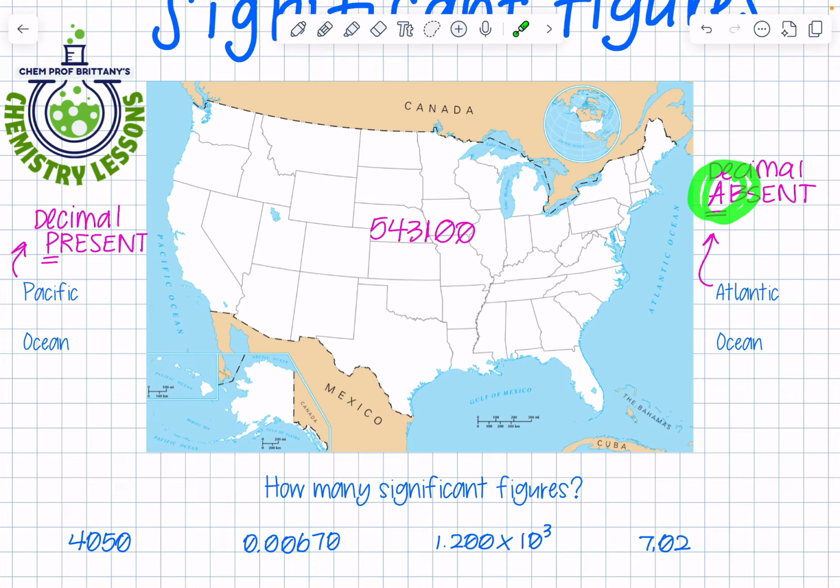So I'm going to start on the Atlantic Ocean side of the number. You go until you get to something that is not a 0, and then you count every digit after that. So in this case, that number would have 4 sig figs, or significant figures. Right? So let's practice some.